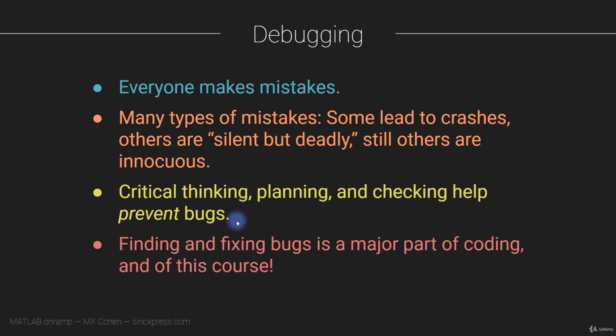The other piece of good news for you is that I have tried to incorporate debugging and debugging strategies as a major component of this course. So I try to stress the ideas, the strategies of finding and fixing bugs as often as reasonable throughout the entirety of this course, including a whole section at the end that's just about debugging.